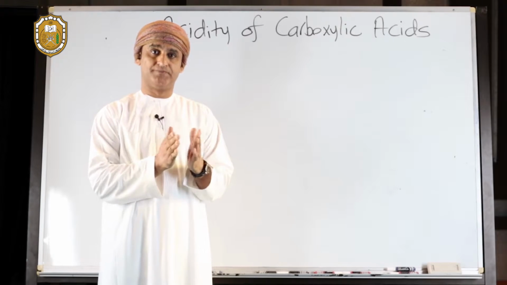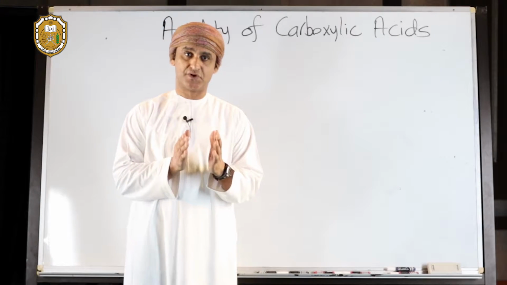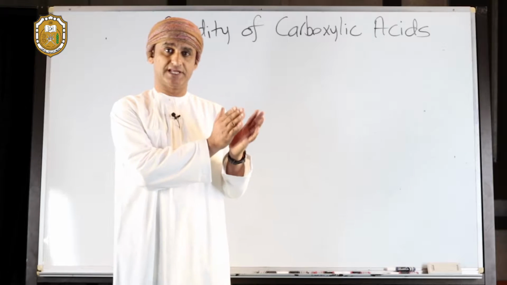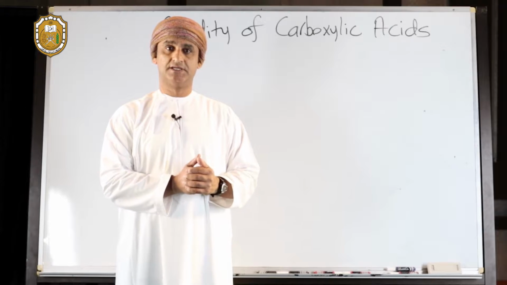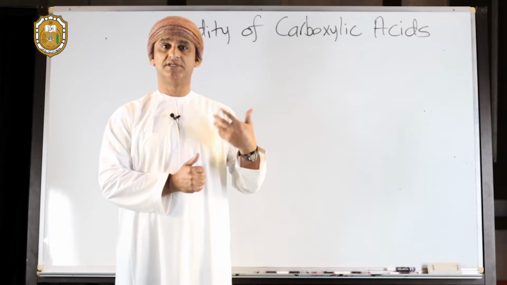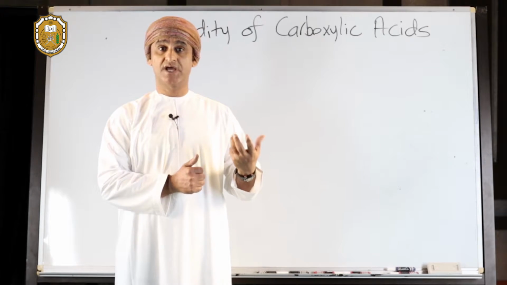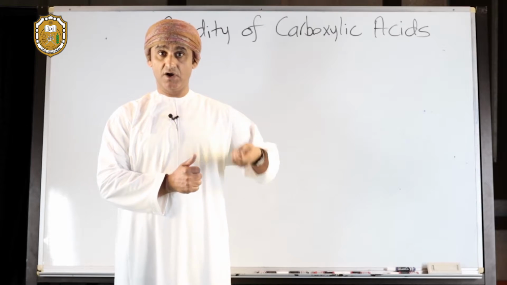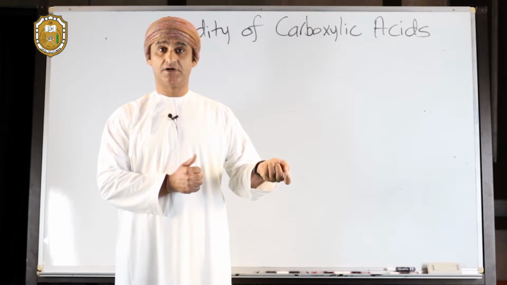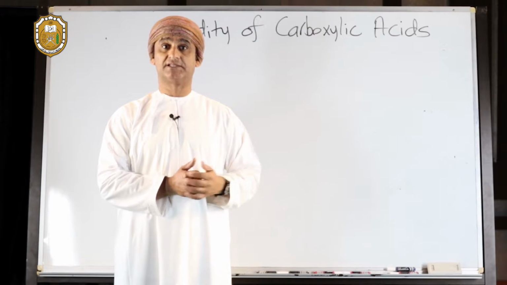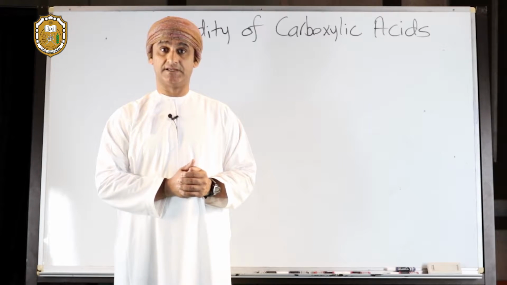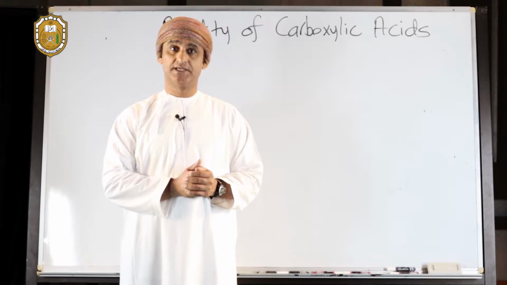The closer the distance between the electron withdrawing group and the carboxylic acid unit, the more acidic the carboxylic acid will be. That's because the inductive effect would be stronger to delocalize the charge or electrons in the corresponding conjugate base, which would then result in stabilizing the corresponding carboxylate further.